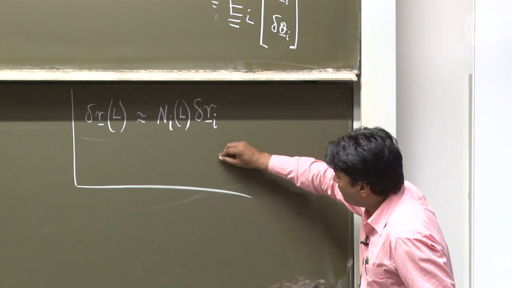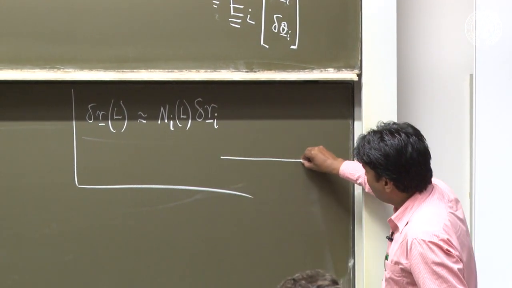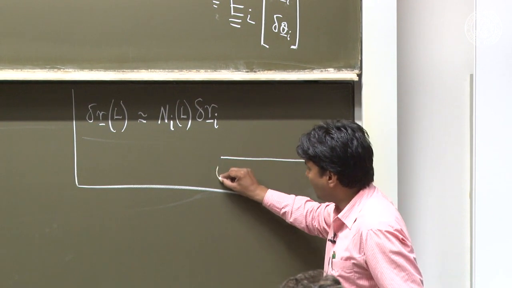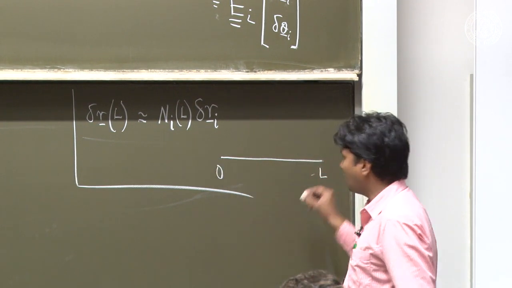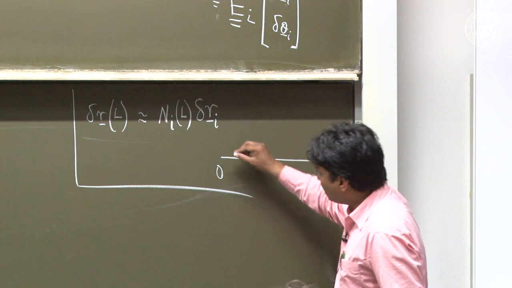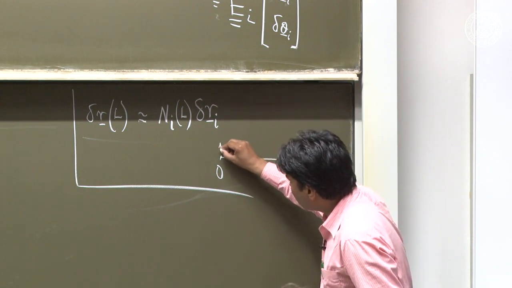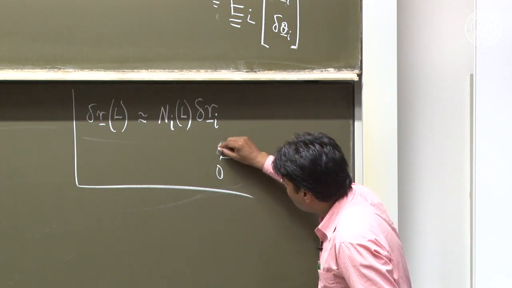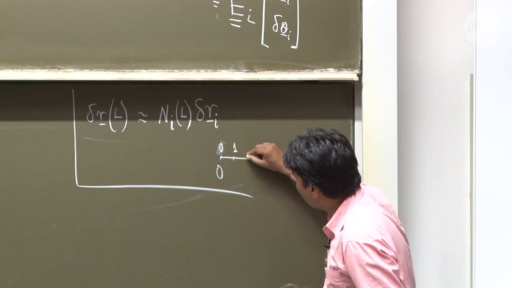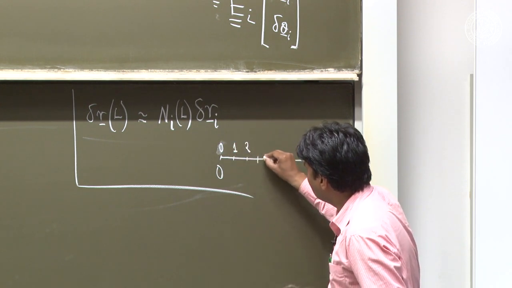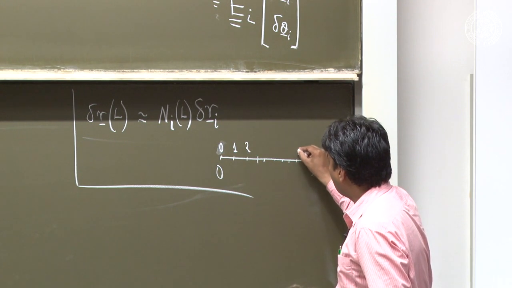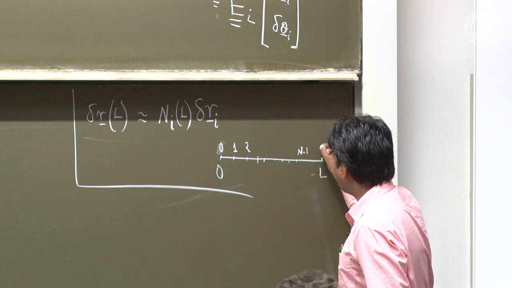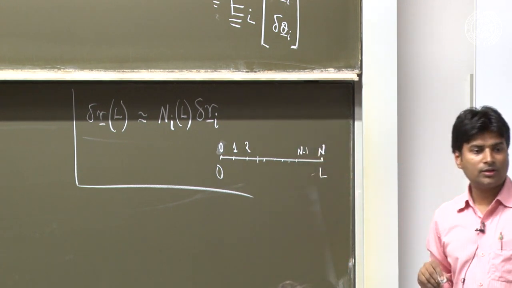You remember your shape functions, if this is your rod and you have going it from 0 to L, and you discretize this as we have done last time with nodes 0, 1, 2, n minus 1, and the last node is n. That is how we have discretized this.